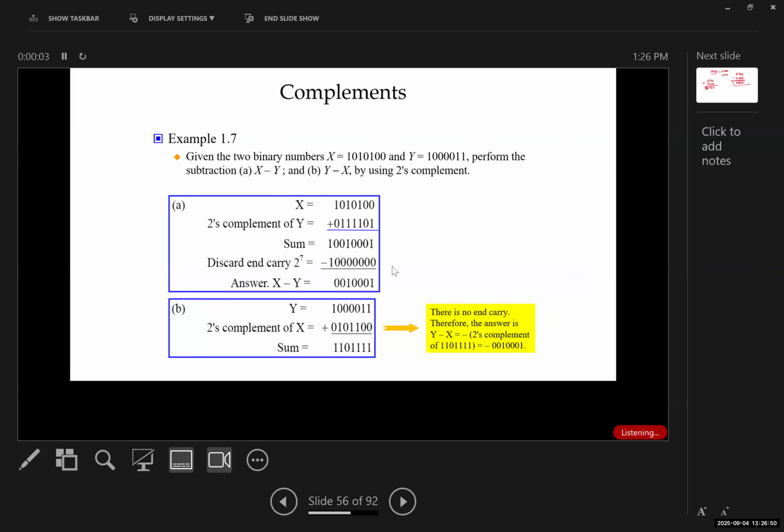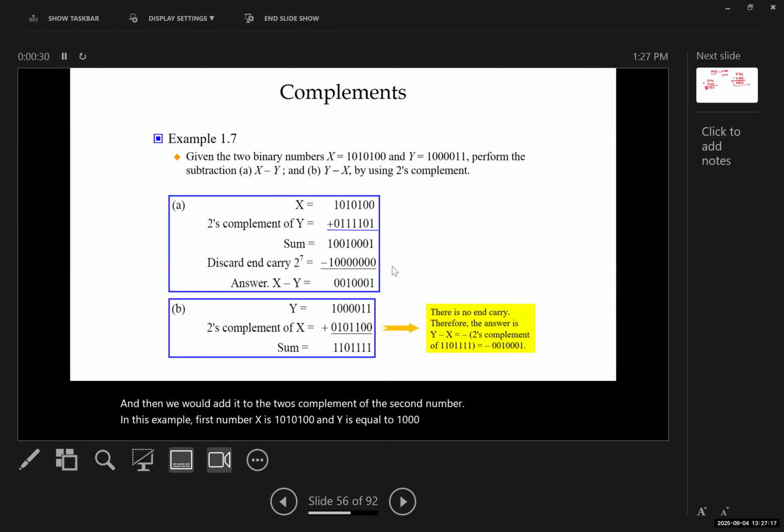Now, for a binary number, we would do the same procedure. We would keep the first number, and then we would add it to the 2's complement of the second number. In this example, first number x is 1 0 1 0 1 0 0, and y is equal to 1 0 0 0 0 1 1.